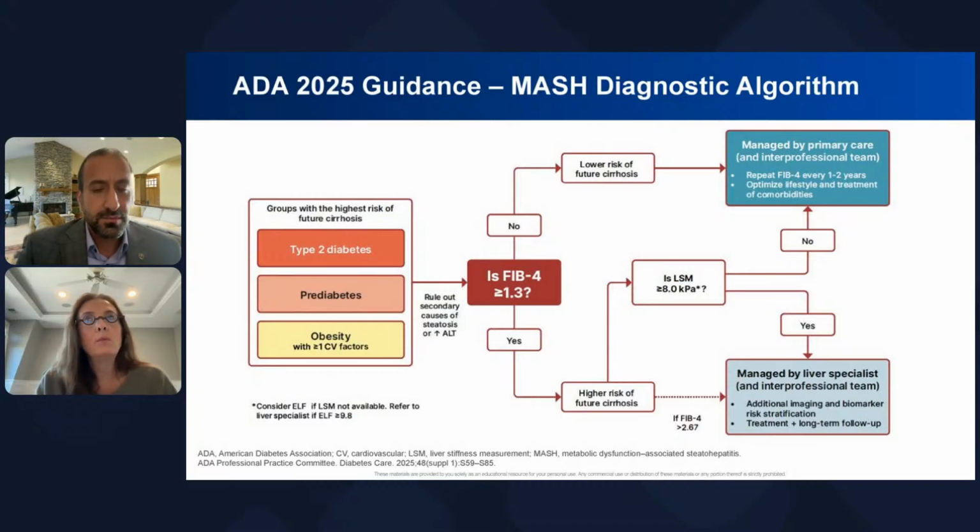I think what's important is that there's consistency with what's being recommended. Broadly speaking, FIB4 being the first cut point, followed by secondary testing with liver stiffness, specifically in this algorithm. And this is primarily going to be read by diabetologists or endocrinologists and primary care.